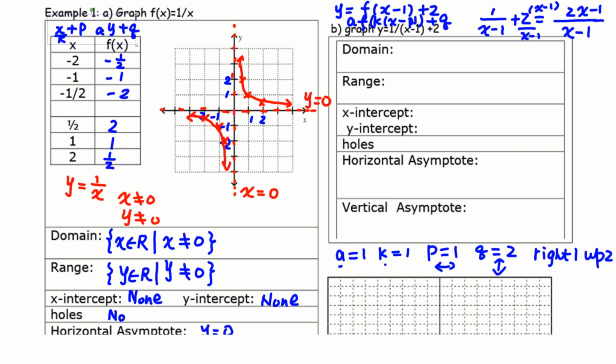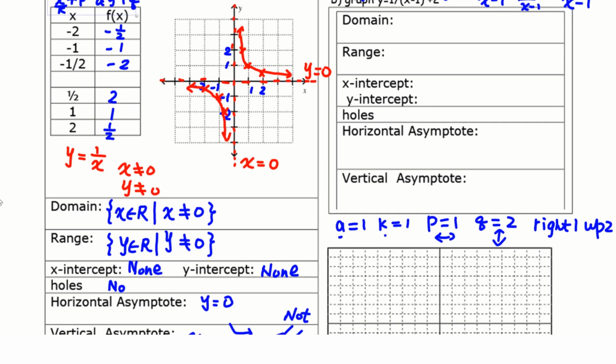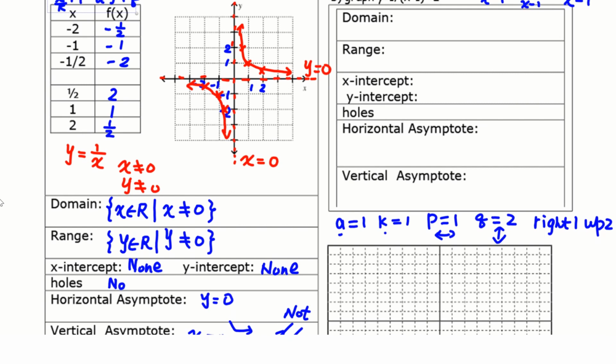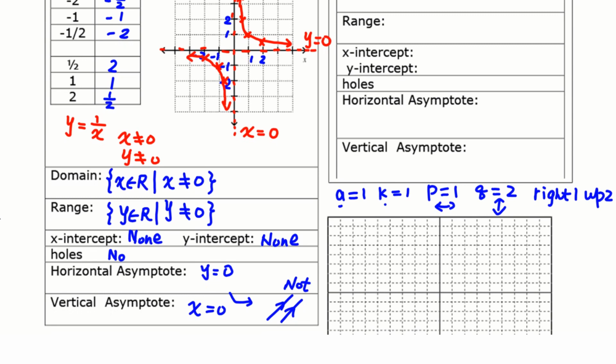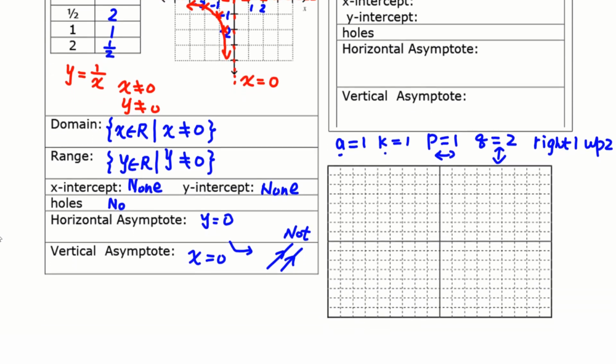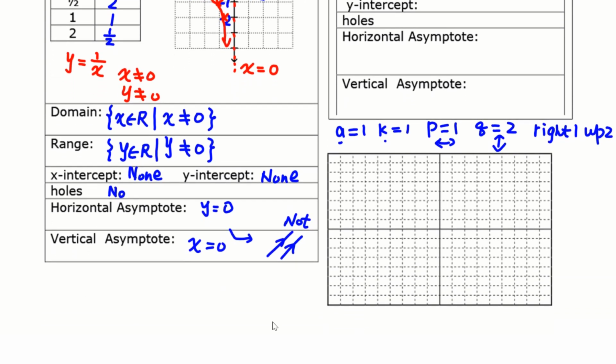So we are going to graph it first, and after that we are going to find the domain and range. So for this one, we could graph the parent function first, then move it around. So I'm going to graph y equals 1 over x first.